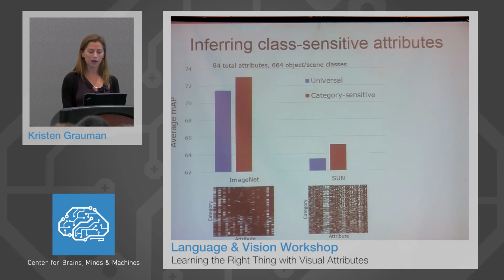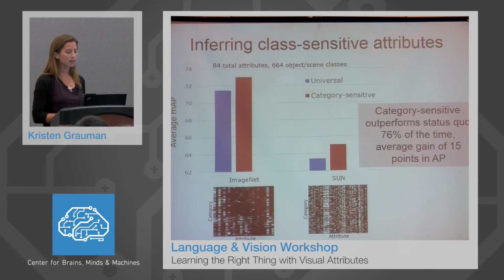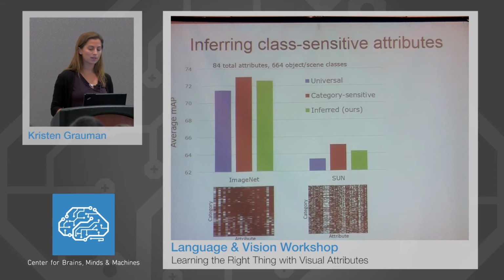And so where our method comes in, you can think of this as kind of the upper bound of what we could achieve, these red bars. And in fact, the category-sensitive models are improving over the status quo 76% of the time for these thousands of attribute pairings. But what you can do now is actually extend this not just to those for which you have training data, but to all the possible attribute pairings. And that's what we're getting here in green.